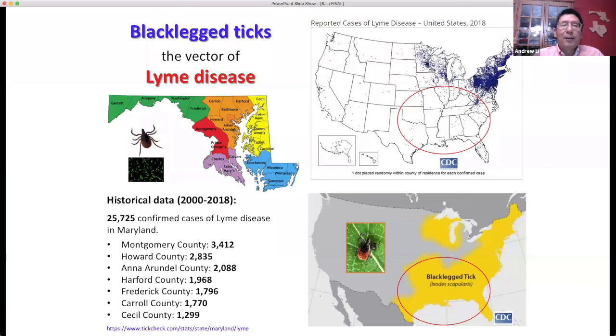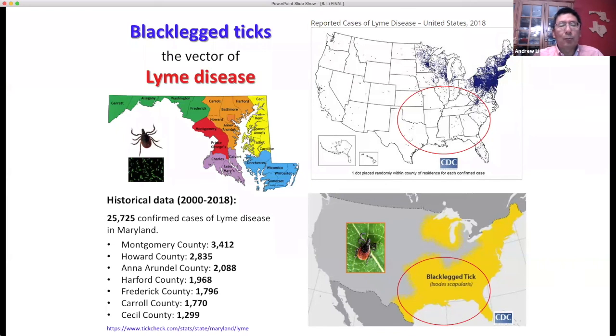Well, I live in Maryland. Maryland is on the southern edge of the endemic region. The situation is not as bad as in the northern states, further north in Massachusetts, New York, Connecticut. There are some numbers from 2000 to 2018, over 25,000 cases of Lyme disease reported in Maryland, and Howard County ranked number 2 in the state.